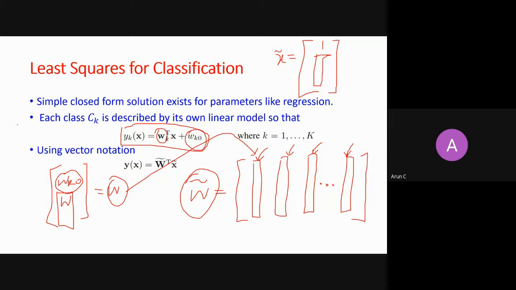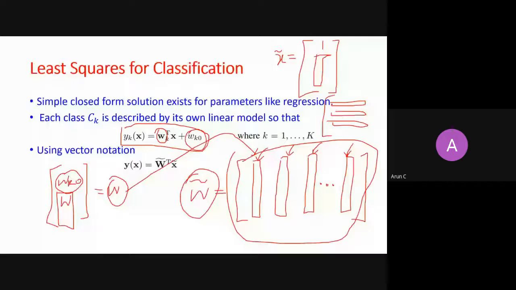Now if I want to predict for this particular X, I can take the transpose of this. Then I will get the hyperplane parameters in a row-wise fashion, because I have taken a transpose. Then I multiply it with vector X, which is a vertical vector.